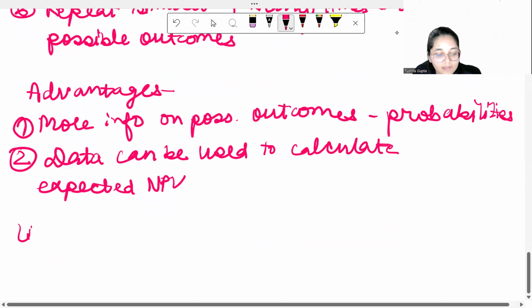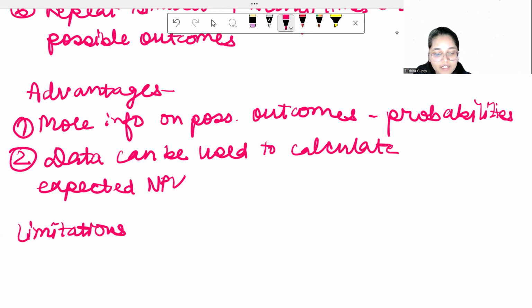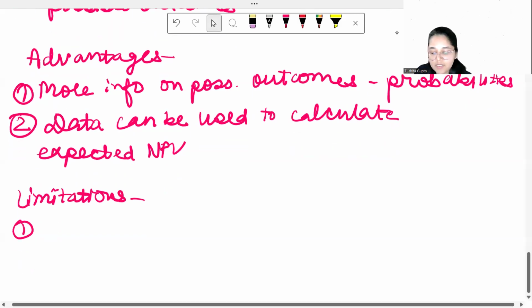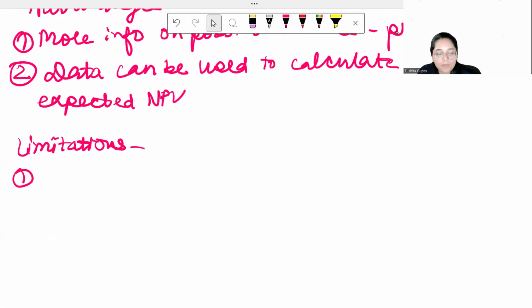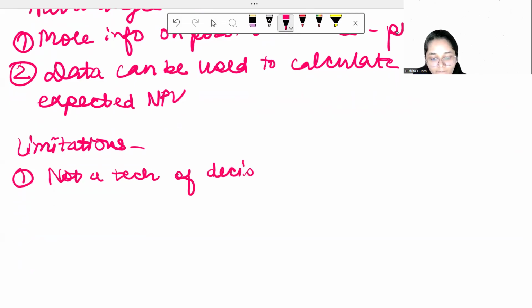Now let us talk about the limitations also at the same time. Limitations when it comes to simulation. Number one is that it is not a technique for decision making. Rather, it only gives you more information about the outcomes.